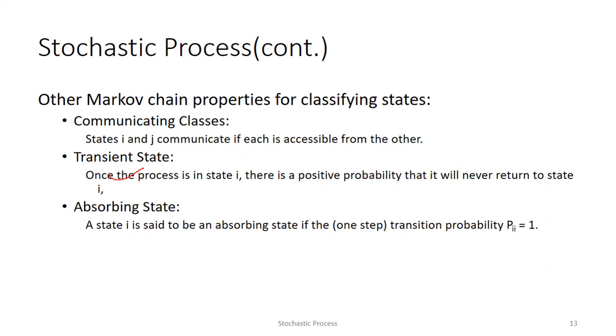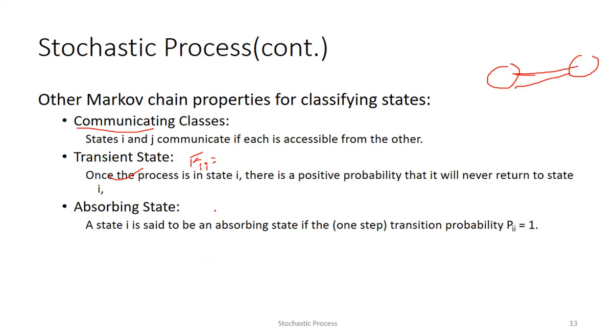Now we can see how communication between transient and recurrent, persistent, null, all things we can see. This is a general definition for communication classes. States i and j communicate if each is accessible from the other. Transient means if I am finding the f_ii probabilities, it is not equal to 1.